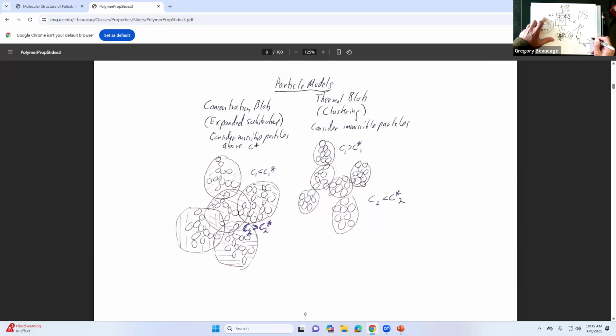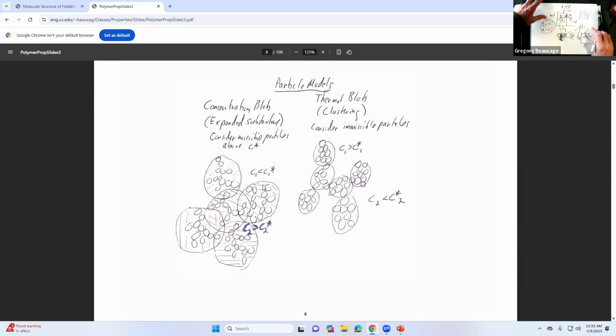Where you have the -1, and then this is 5/3, and then it would go to 2. And then you get the coil size. So that would be the coil size. So in that case, if you looked at one chain that was lit up with deuterium, you'd see a transition to Gaussian here.